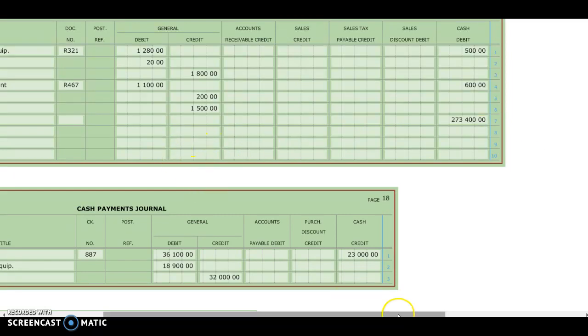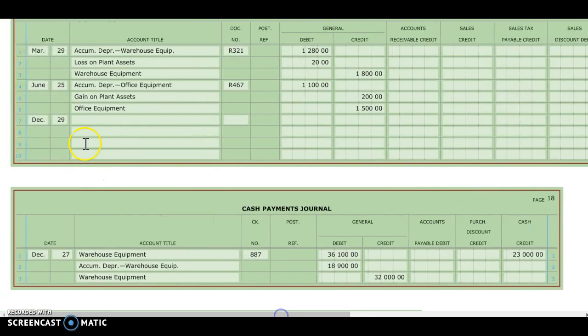Okay. Then I'm going to go in and I'm going to get rid of my accumulated depreciation. So I'm going to debit accumulated depreciation building. This was receipt 687. Okay, and I'm looking back at my plant asset record sheet. My total depreciation will be 34,000. So I'm going to debit for 34.